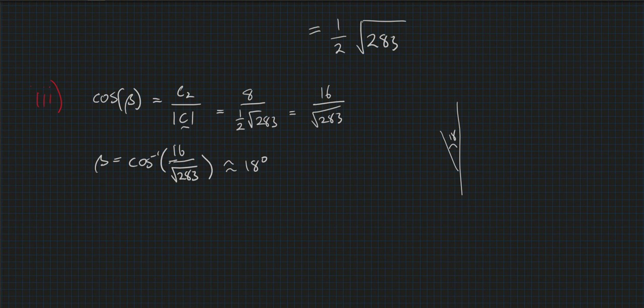So we're bearing 360 degrees minus 18 degrees approximately equals 342 degrees. I think you put a T there to say it's bearing, but that'll do.